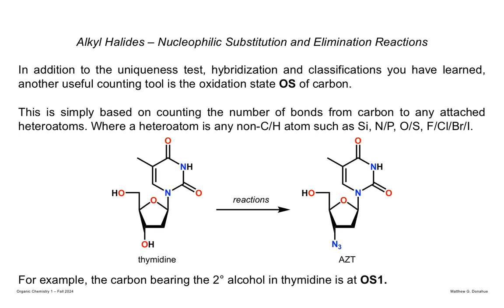So the way that I teach this part of the semester, moving on and then going into Organic 2, I like to talk about the oxidation state of carbon. So I abbreviate that OS. And I use, I think, a simpler tool than what many textbooks present this as. And what you're going to do is just look at any carbon and count the number of bonds to the heteroatoms.